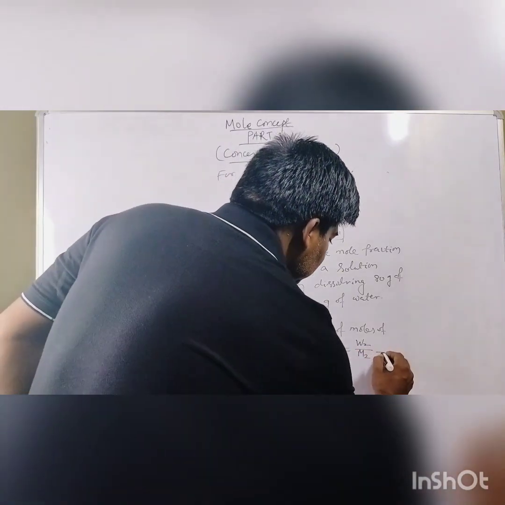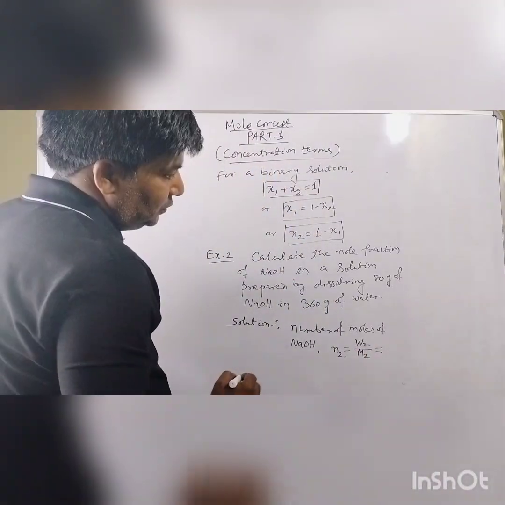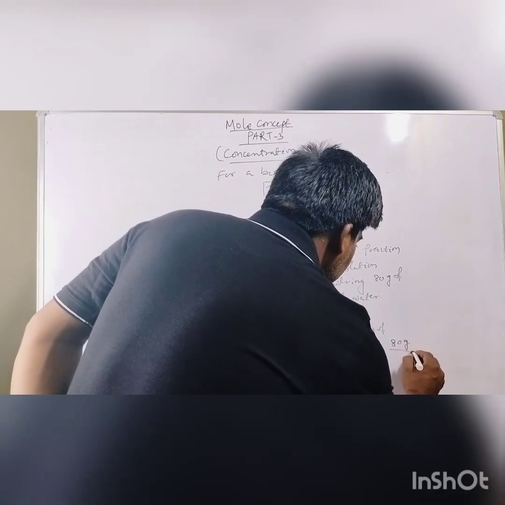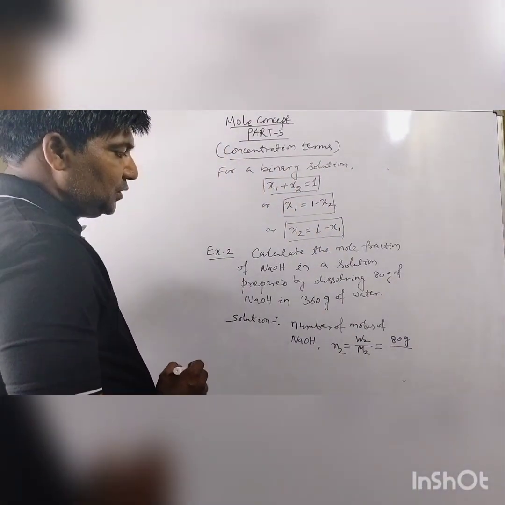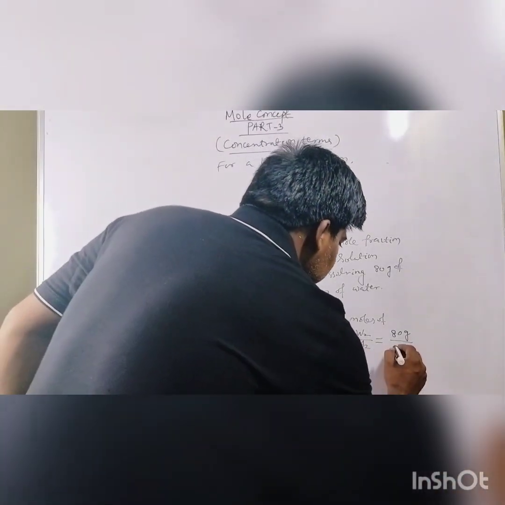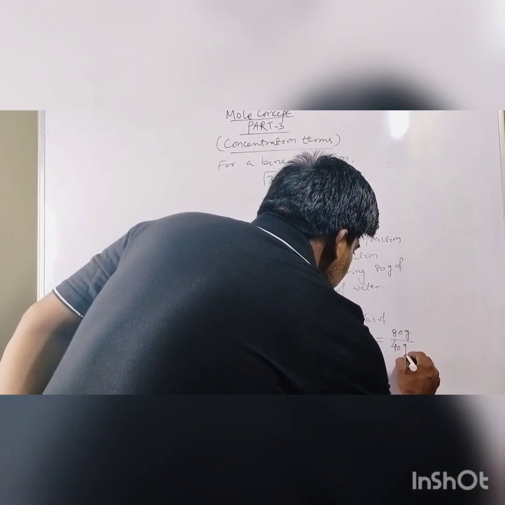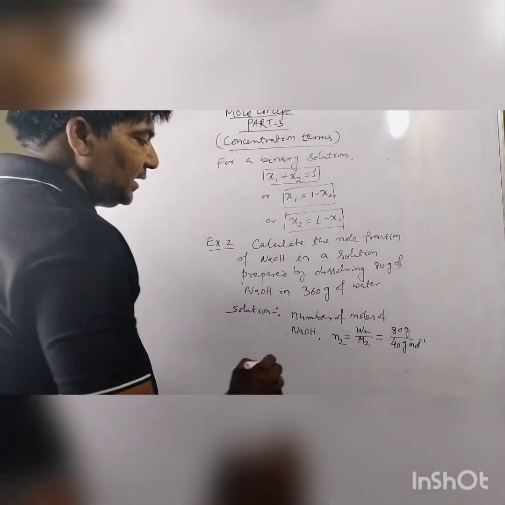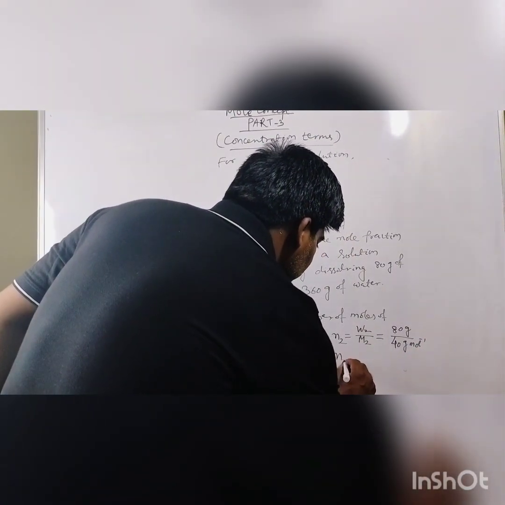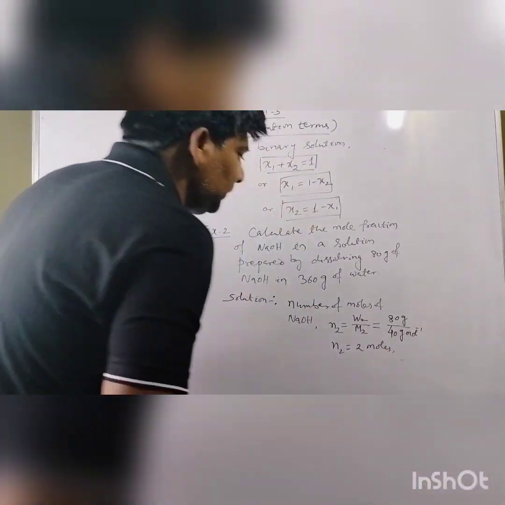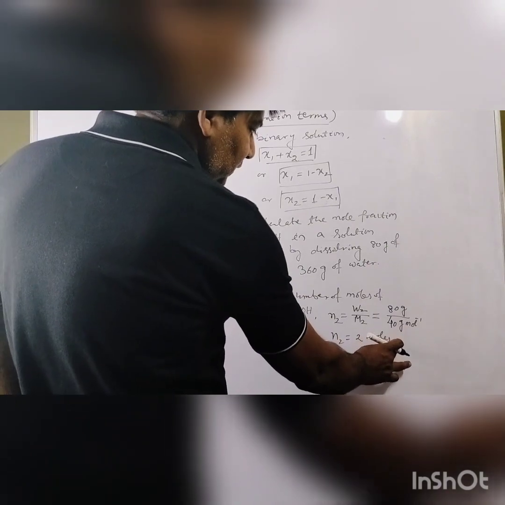So here given mass of sodium hydroxide is 80 gram and M2 is the molar mass of sodium hydroxide, that is 40 gram per mole. Okay, so that gives N2 is equal to 2 moles.